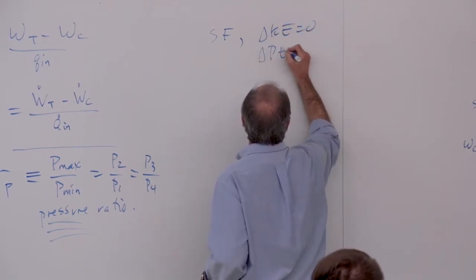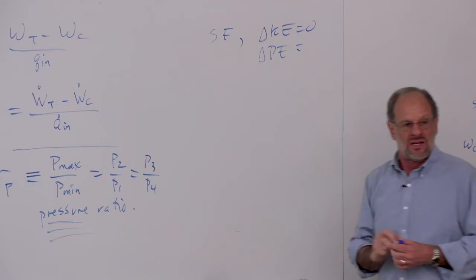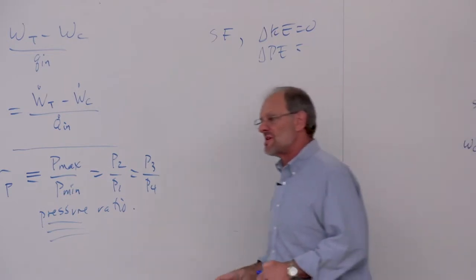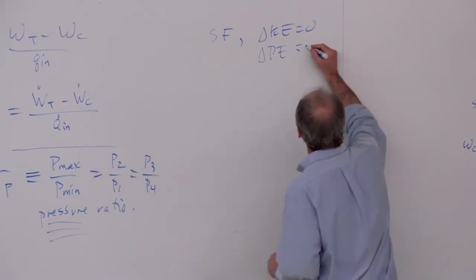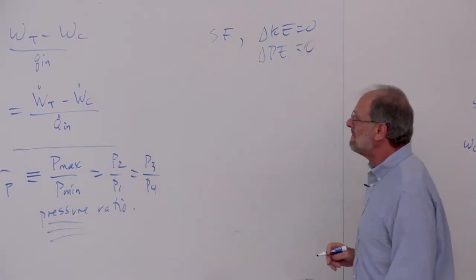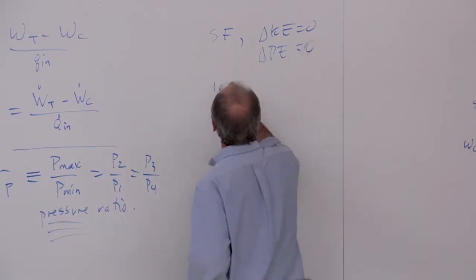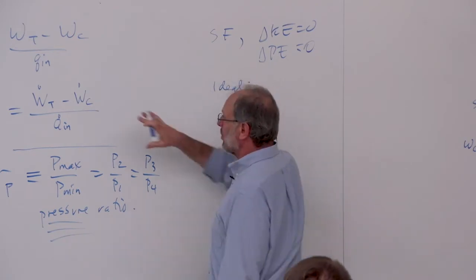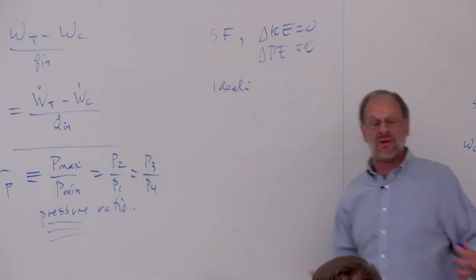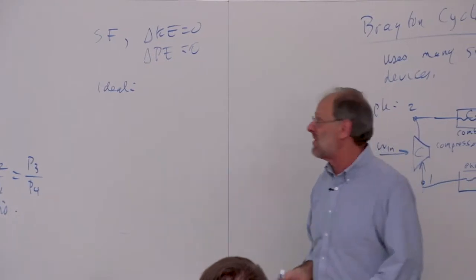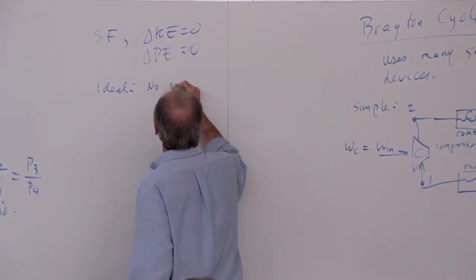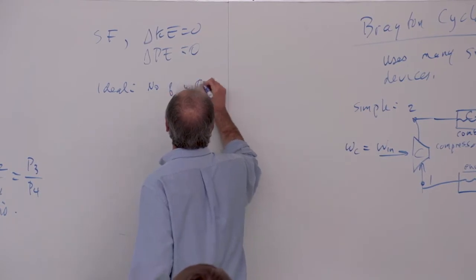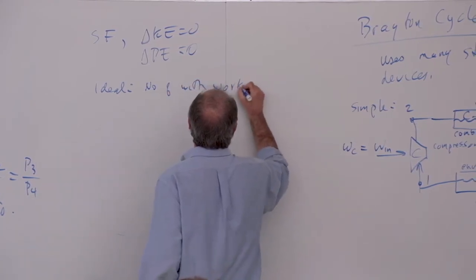So we purposely leave the speeds on the low side. As such, we're going to have essentially no change in kinetic energy. And for that matter, these engines are generally horizontal in their orientation. There's no significant height difference between the inlet and the exit, so there's no potential energy change. And of course, in the ideal case, the work is done adiabatically and reversibly, in other words, without any heat transfer. So in the ideal case, there's no heat transfer with the work terms.